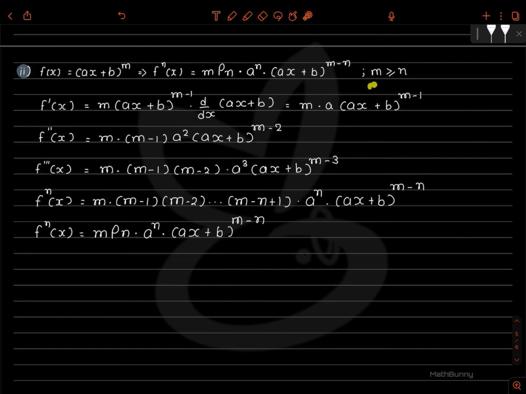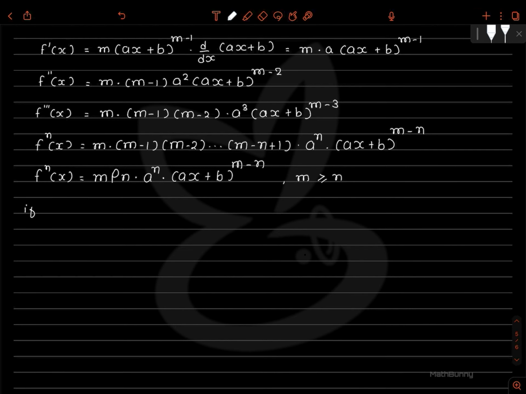Here also the condition applies: m has to be greater than or equal to n. If m is equal to n, this term would become 0, and the final answer for the nth derivative would be n factorial into a raised to n, because this term is 0.